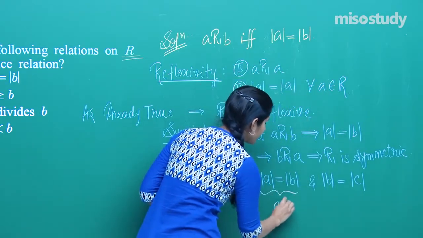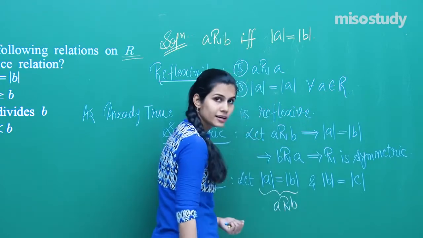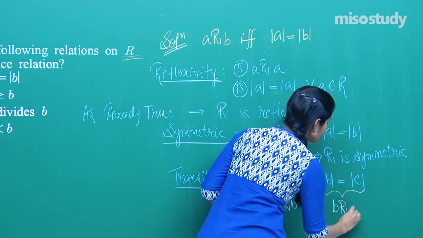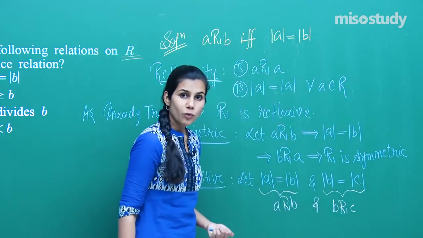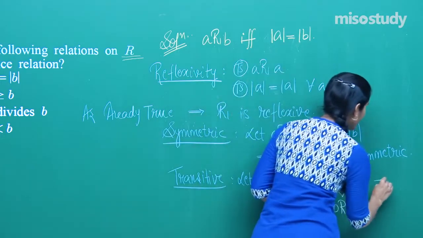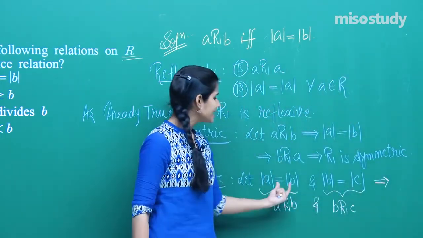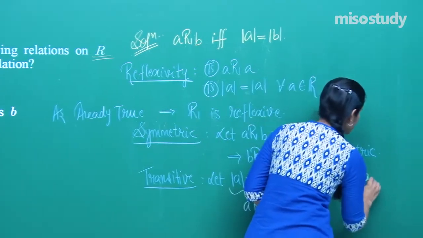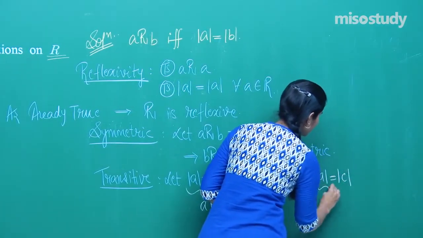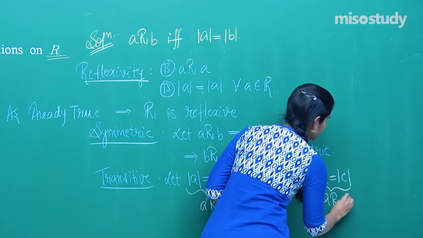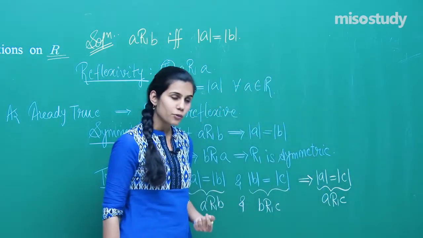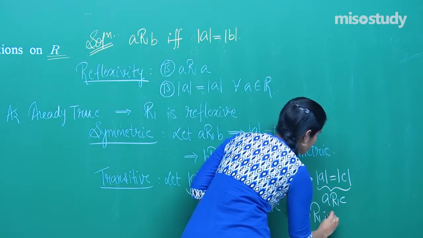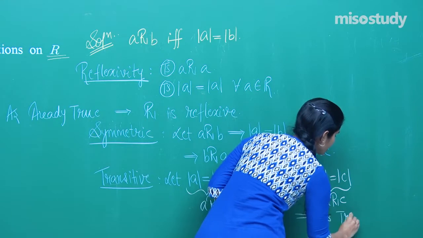Because if I am assuming A is related to B under the relation R1 and B is related to C under the relation R1, then obviously this implies mod A is equal to mod B is equal to mod C, this obviously implies mod A is equal to mod C, or I can say A is related to C by the relation R1, and this implies R1 is transitive.